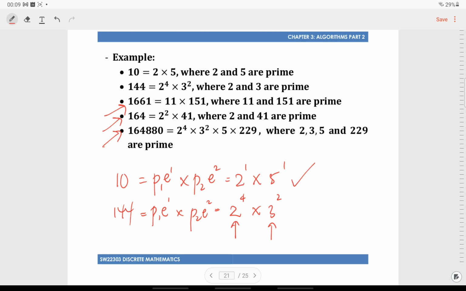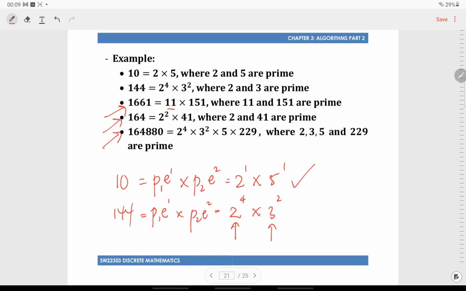For 1661, the prime factors are 11 times 151. So 11 is a prime, and 151 is also a prime. For 164, it can be factored as 2 squared times 41 to the power of 1. So 2 is a prime, and 41 is a prime. For 4880, it can be factored as 2 to the power 4 times 3 squared times 5 times 29.